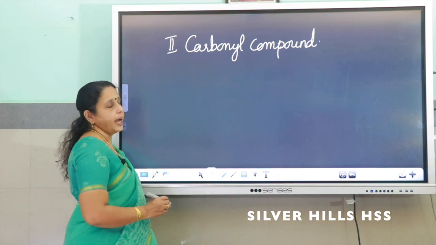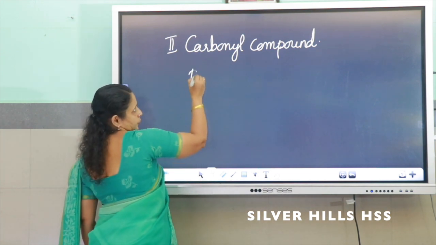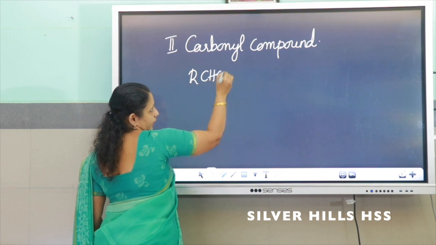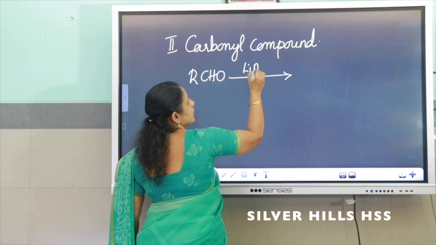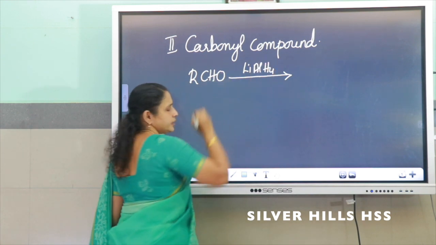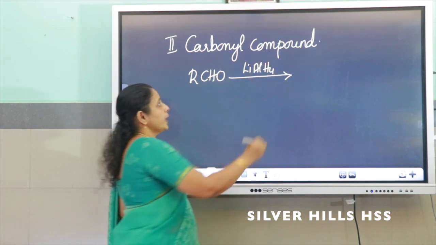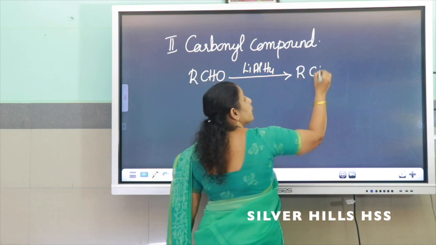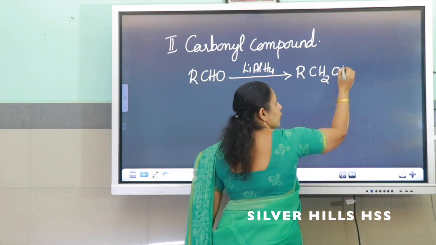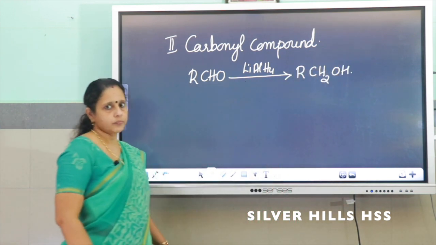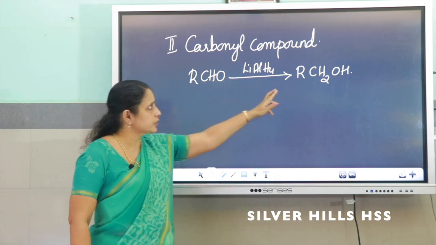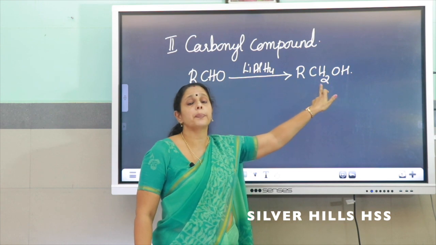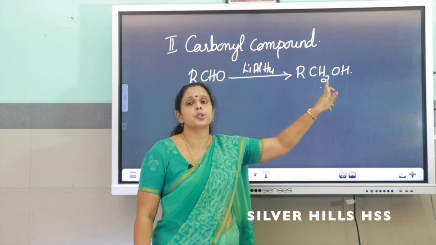When an aldehyde is reduced using lithium aluminum hydride, we obtain a primary alcohol. What is the change here? CHO undergoes reduction and is converted to the primary alcohol group CH2OH.